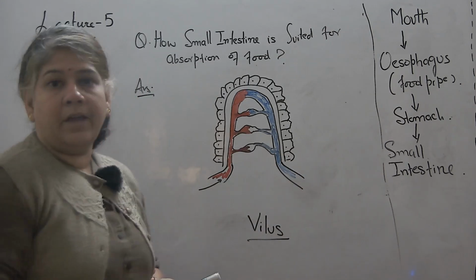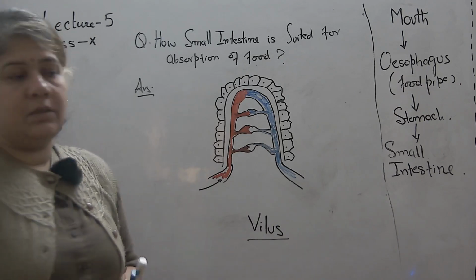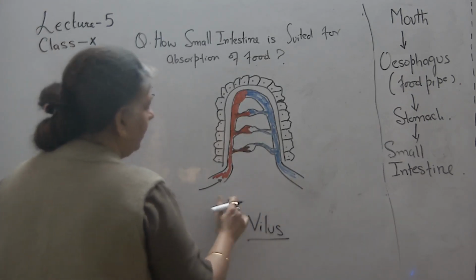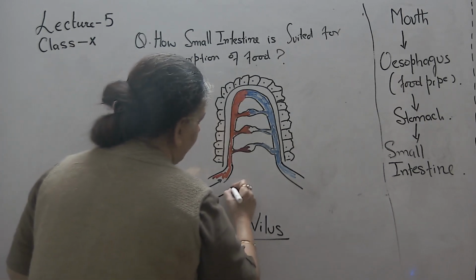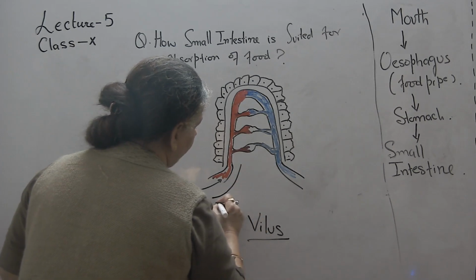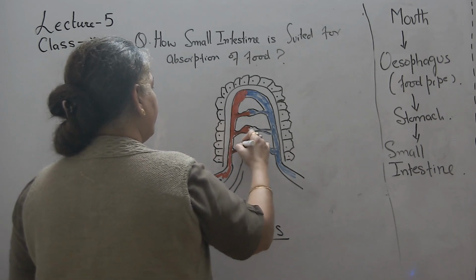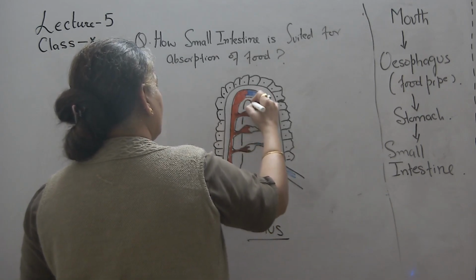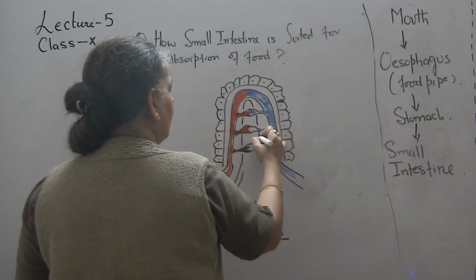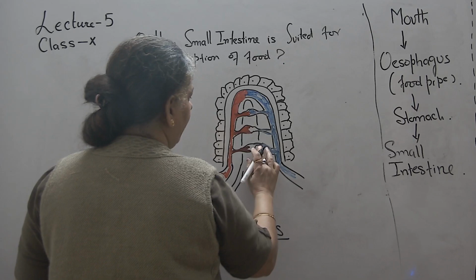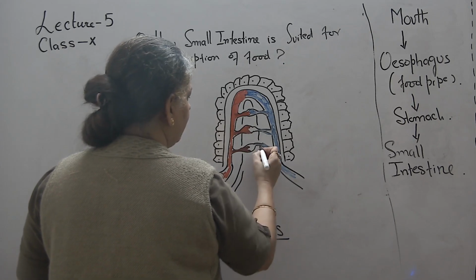It also has a lymph vessel, a single lymph duct that is going in. We'll talk about what is lymph in the circulatory system. So this is another broader vessel, not a vein, it's a lymphatic duct.